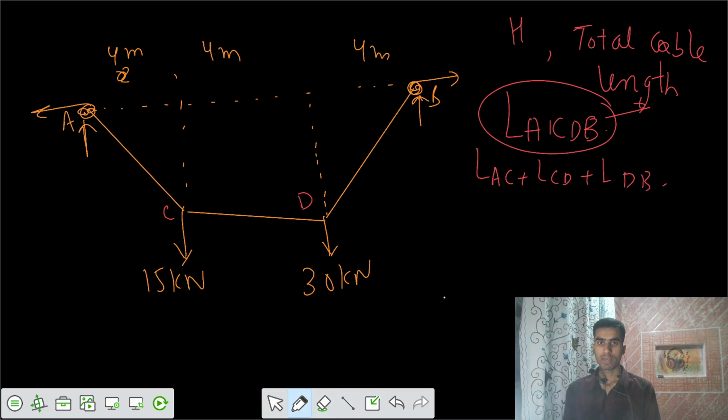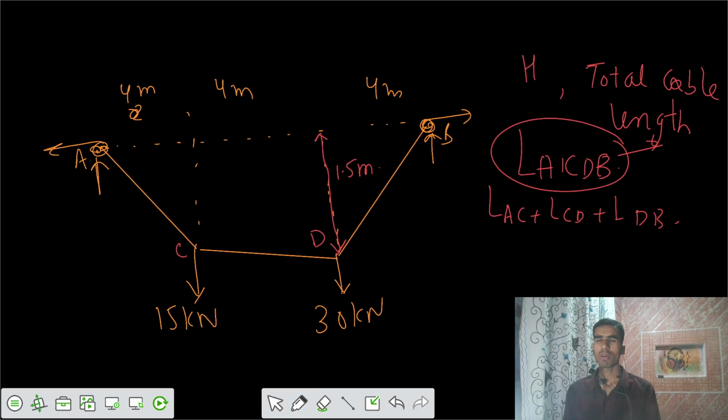And one more data is provided: the sag at this point is equal to 1.5 meter. Do you know the general cable theorem?